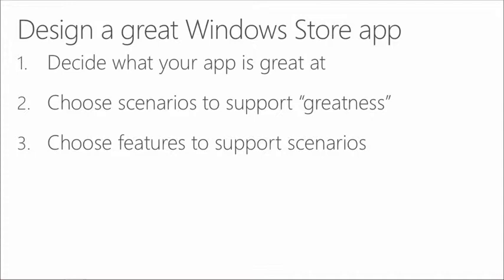Now, of course, this is a good start for the first application. It doesn't limit you for the complete lifetime of the application, because later on you might want to add features or scenarios. But this is especially for the first versions, so that you have really good focus for your application and what to do there.